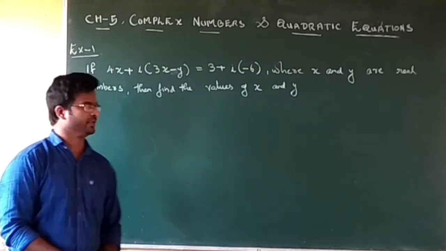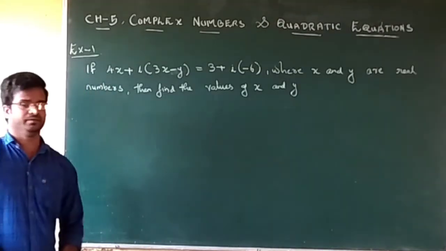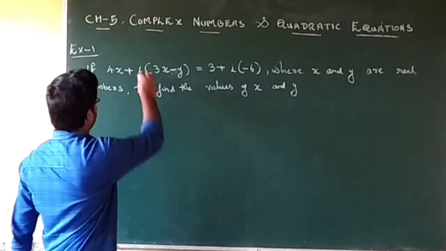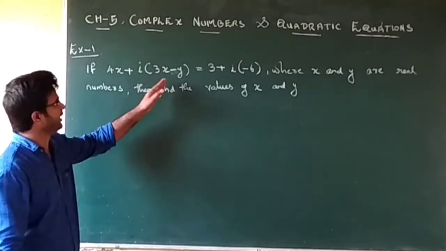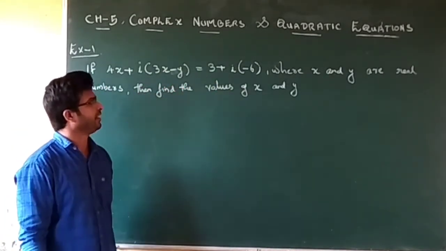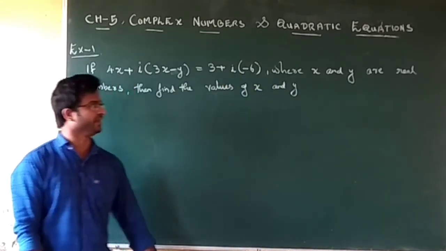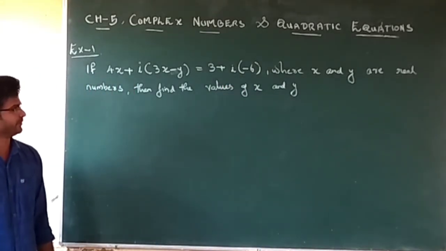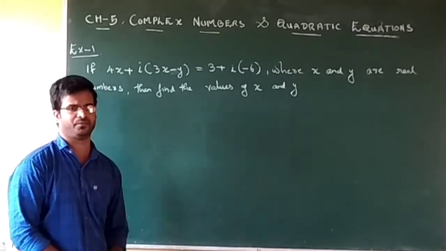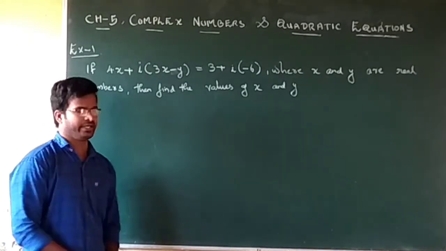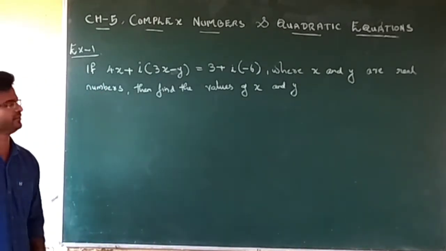Now we can see one example. Example number 1. If 4x plus i into 3x minus y equal to 3 plus i into minus 6, where x and y are real numbers, then find the values of x and y. Here, two variables are there, x and y.